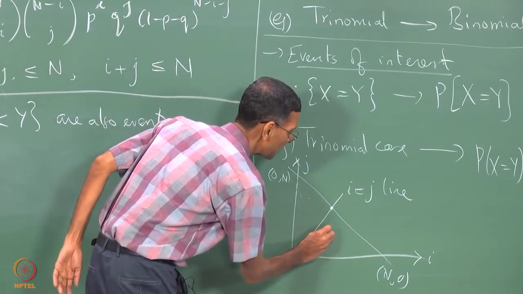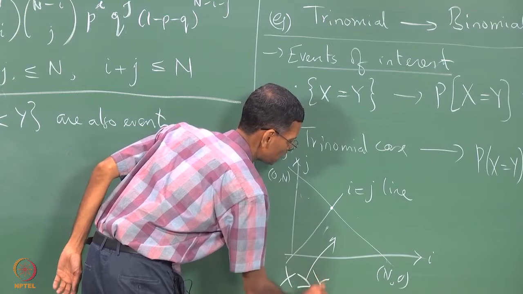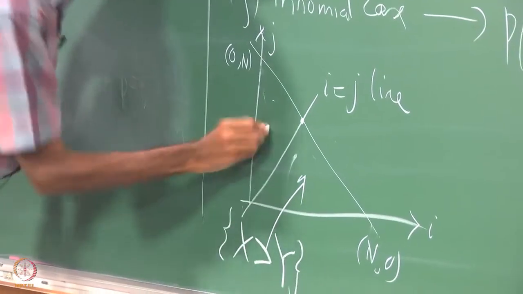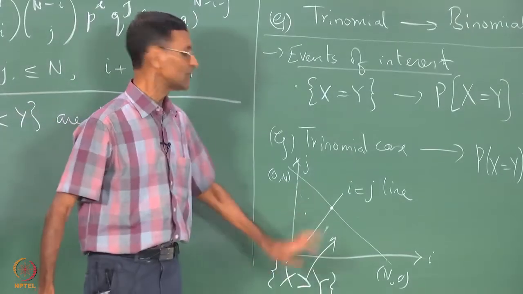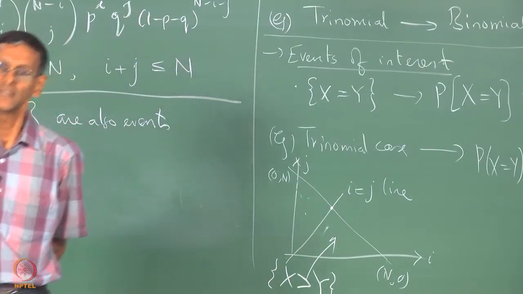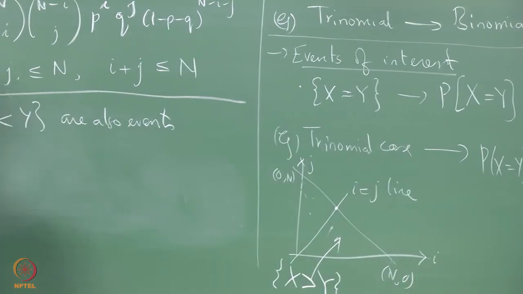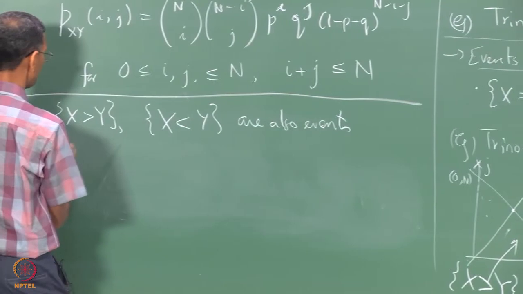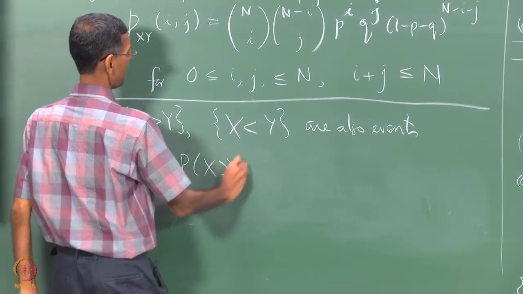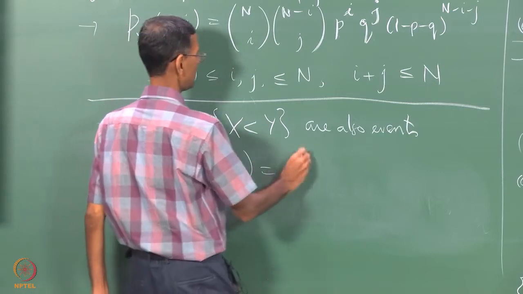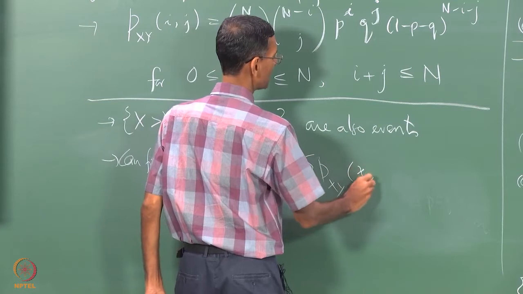And likewise this will be x less than y, and x equal to y does not fall into either of these two camps. It is distinct in the discrete case. So can we find P of x greater than y by what? You can say, well, P(x,y), in general I have a double summation.